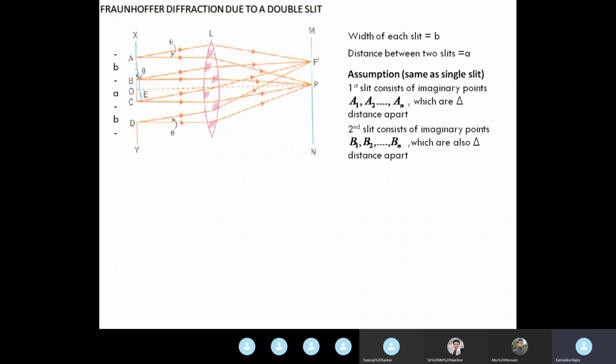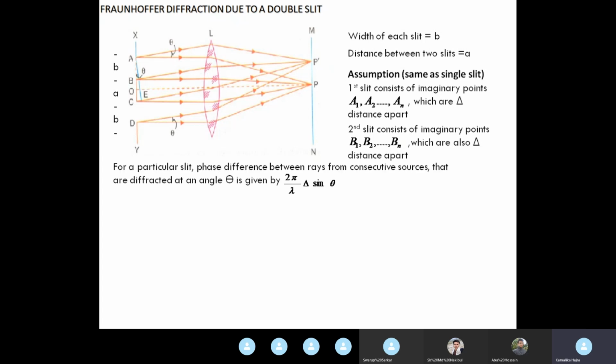So we have n imaginary points in the first slit, where n tends to infinity and delta tends to 0, so that small b equals n delta, and again n imaginary points in the second slit, where n tends to infinity and delta tends to 0, so that once again small b is equal to n delta. All right, so this is our assumption, and this is the scheme that we are going to follow.